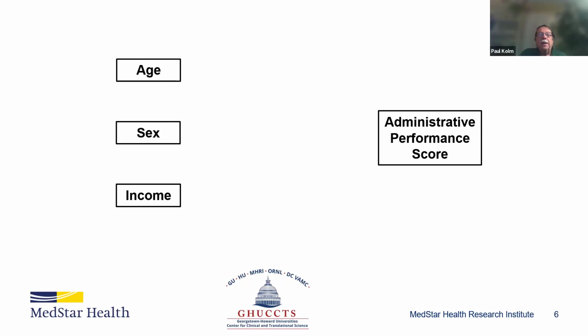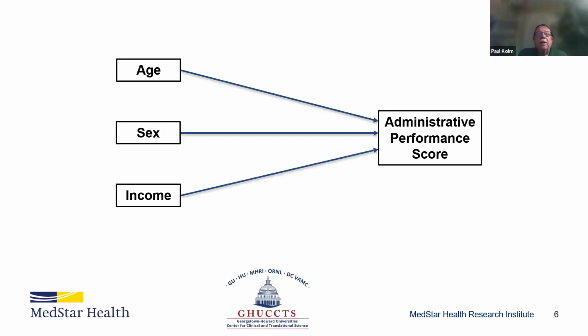What we are going to do then is indicate in our path analysis the relationship where age and sex and income all supposedly predict the performance score.